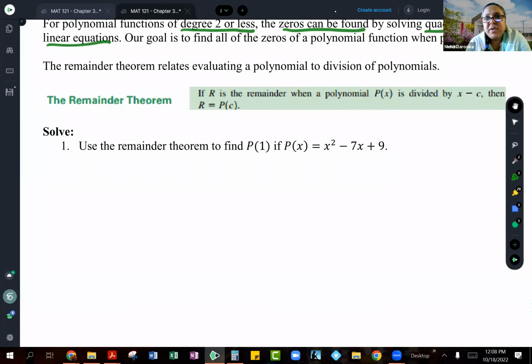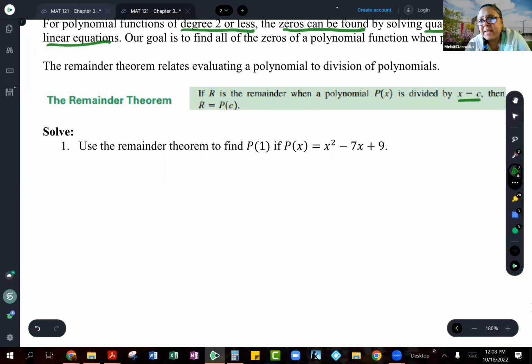So let's start out with our remainder theorem. This one is basically saying that if you take your polynomial and divide it by this factor of x minus c, then you should get the remainder r equals p evaluated at that value of c. So let's think about this.